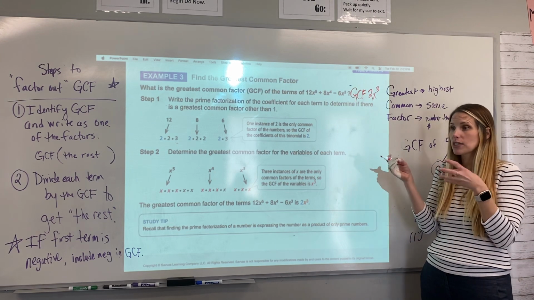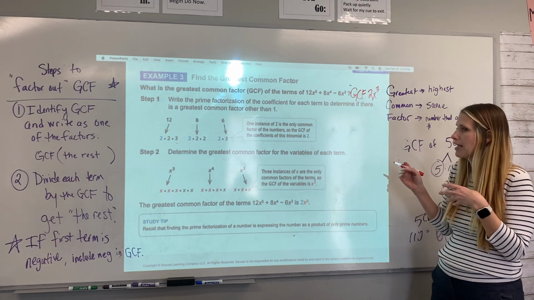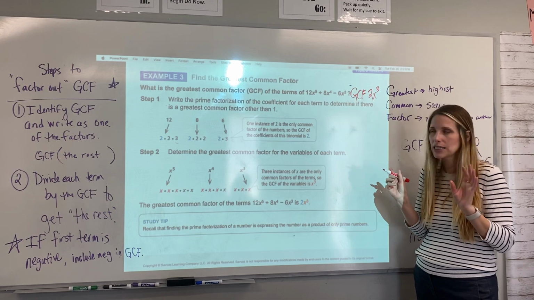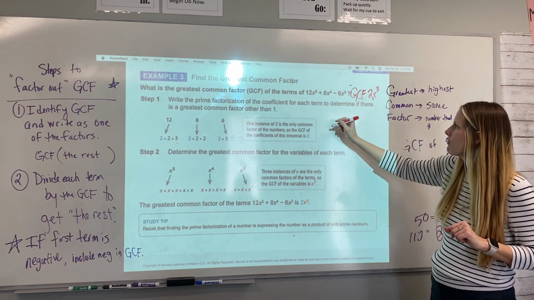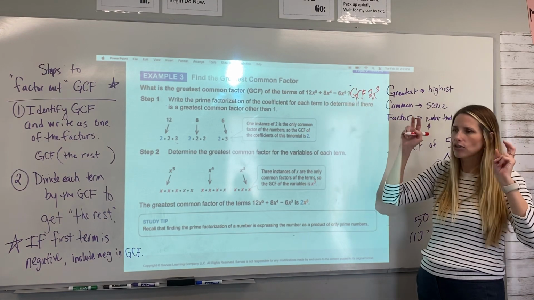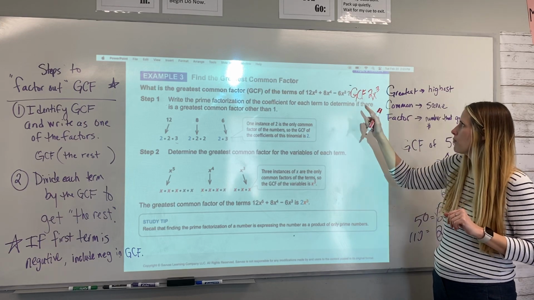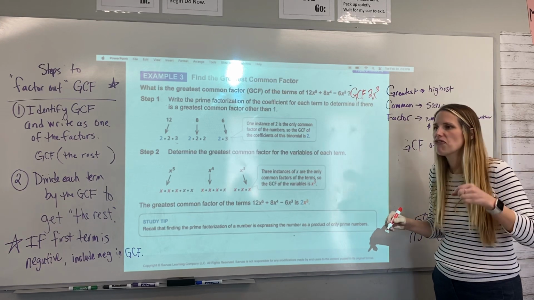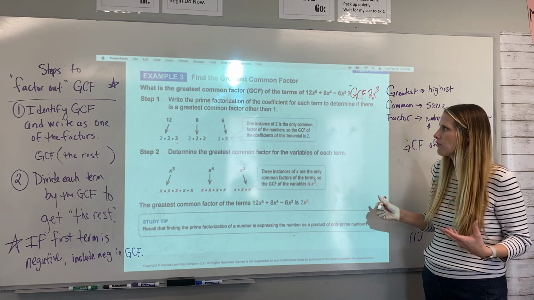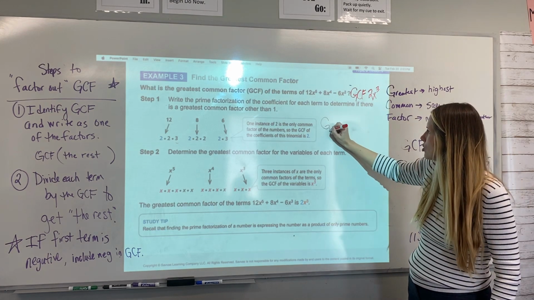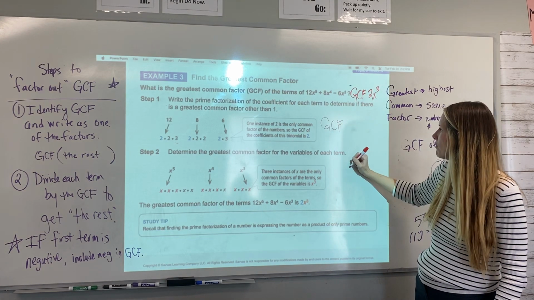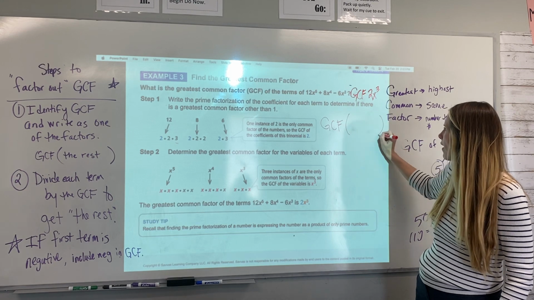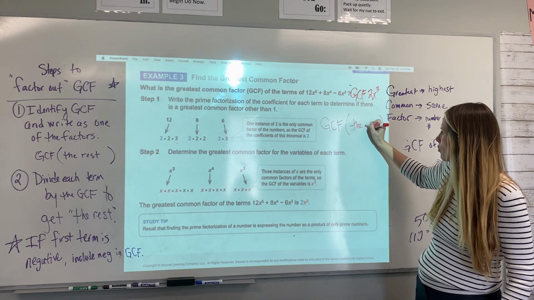I need everybody to focus up here, okay? I see a lot of drifting focuses. So if I am going to factor out the GCF, the greatest common factor is one of those factors. So I'm gonna need the GCF as one of the factors, and then the other factor I'm gonna call the rest.